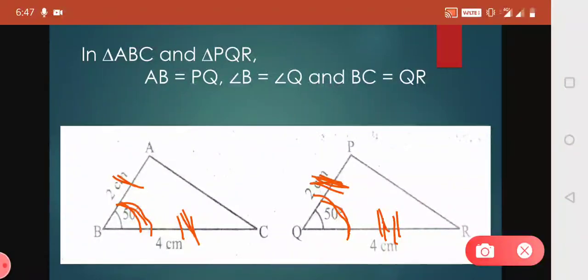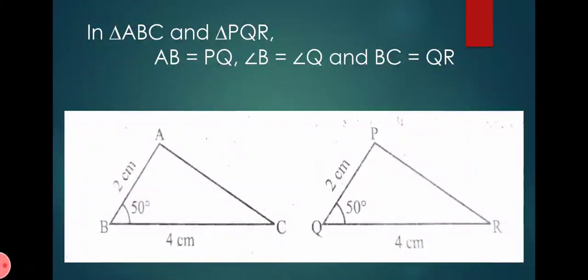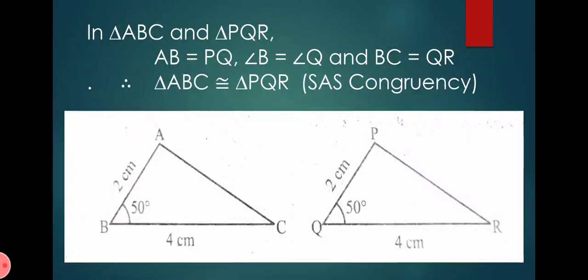So it is fulfilled that in triangle ABC, two sides and included angle are equal to the two sides and included angle of triangle PQR. Therefore, we write triangle ABC congruent to triangle PQR according to SAS congruence rule.